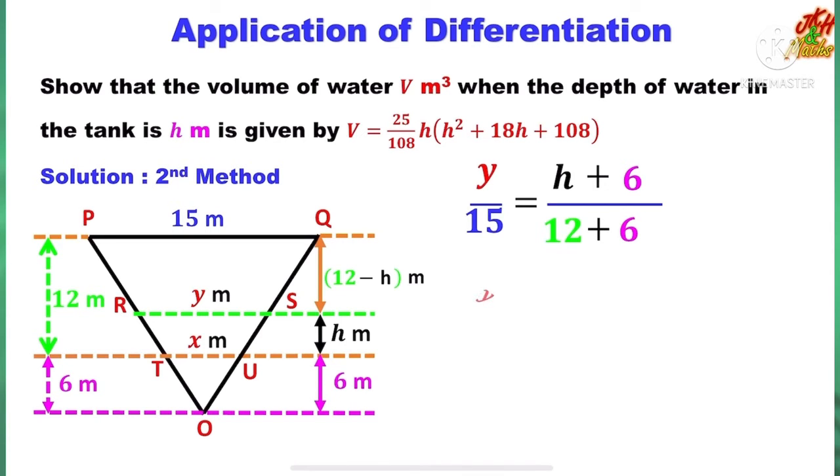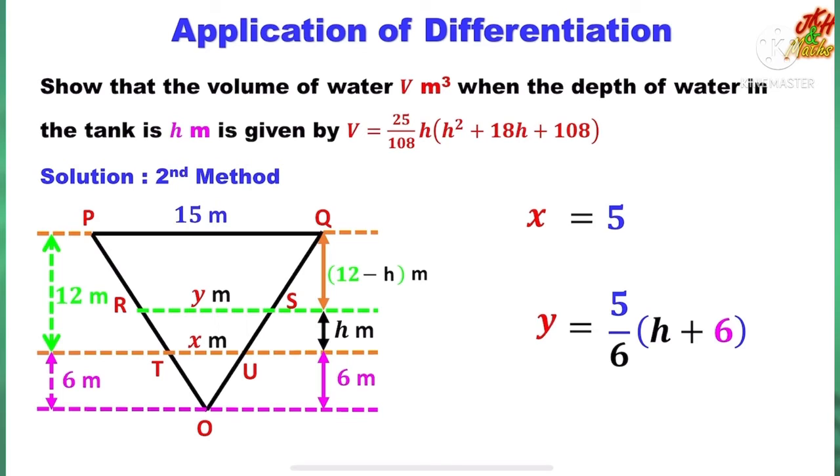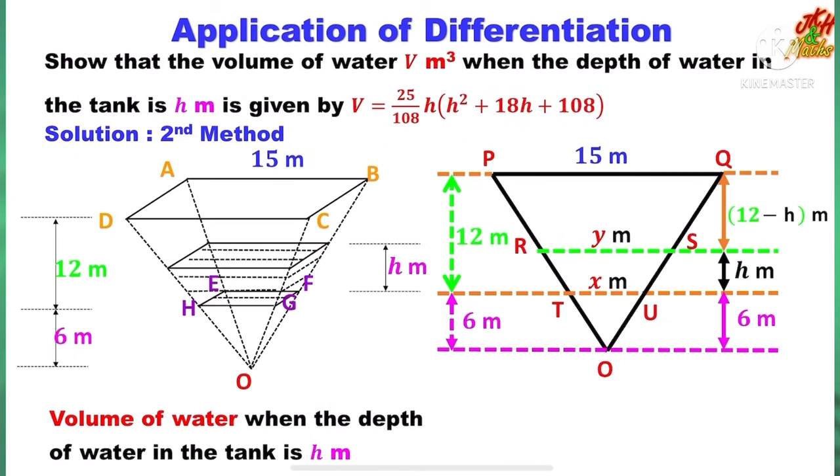By simplifying this equation, we get y is equal to h plus 6 to 18 multiplied by 15. Therefore, y is equal to 5 over 6 multiplied by h plus 6. So the relationship that we have just now is x is equal to 5, and y is equal to 5 over 6 multiplied by h plus 6.